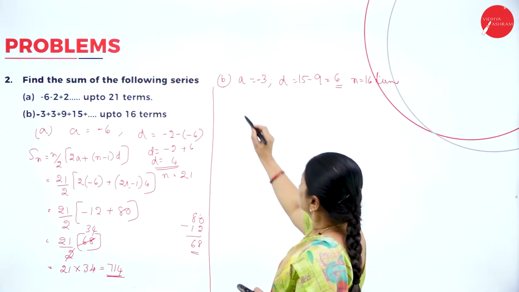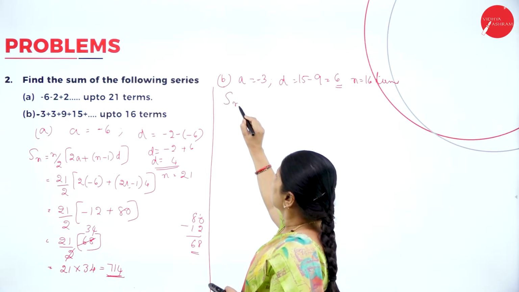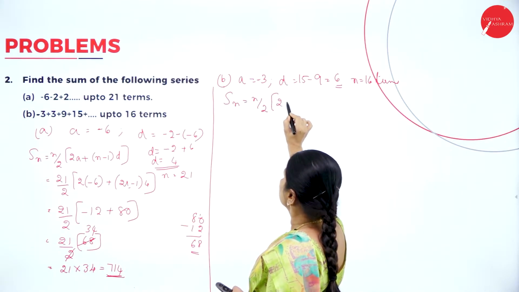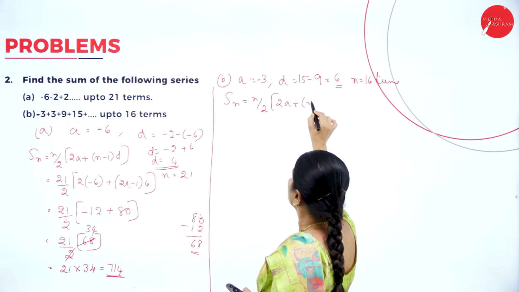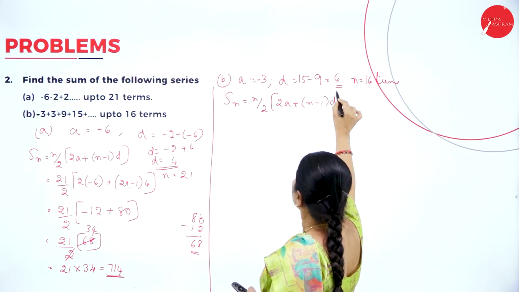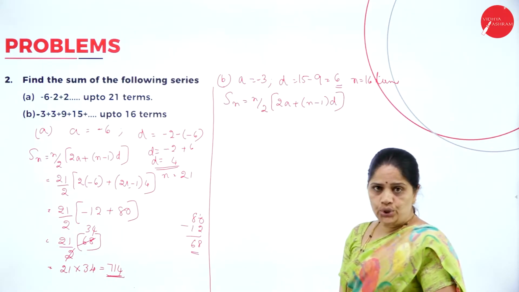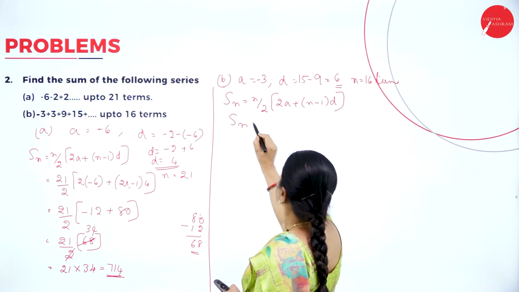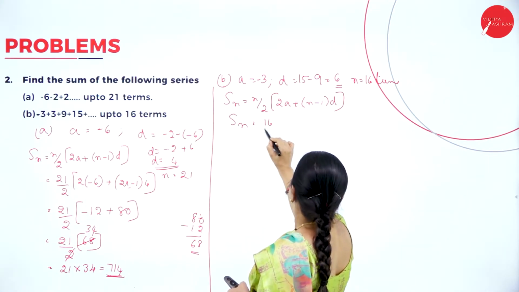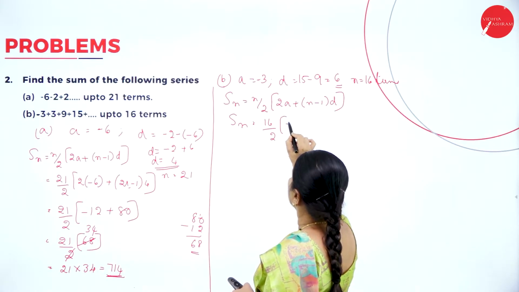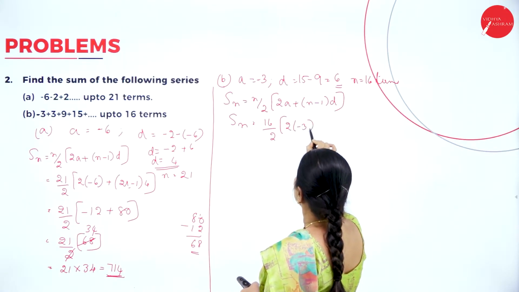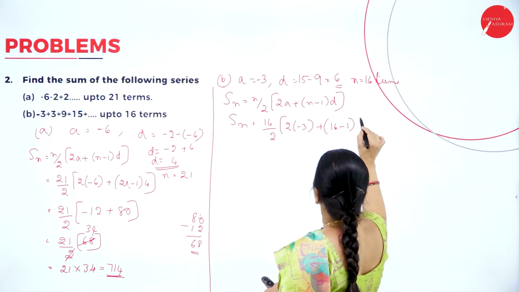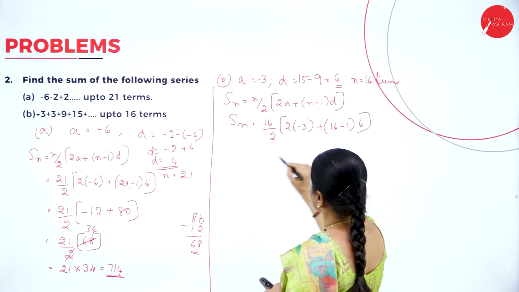So, we use the same formula Sn equals n by 2 into 2A plus n minus 1 into D. So, Sn will be, what is n? 16. 16 divided by 2, 2 into minus 3 plus 16 minus 1 into 6.